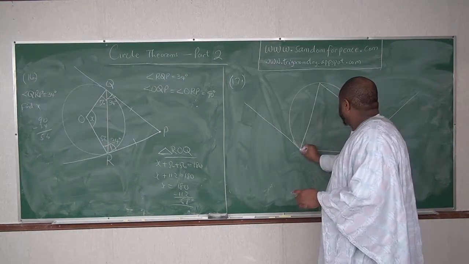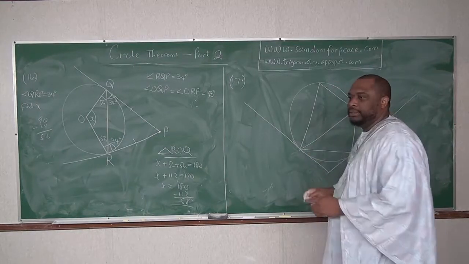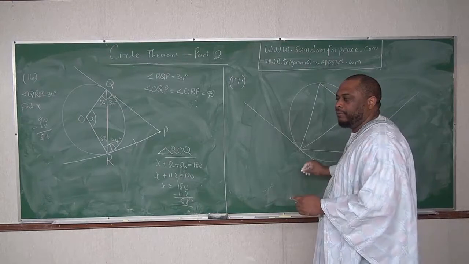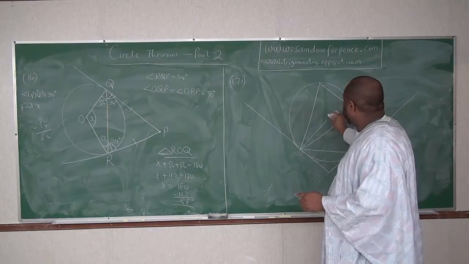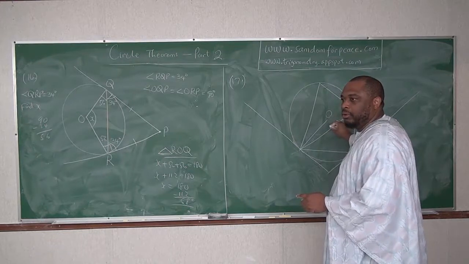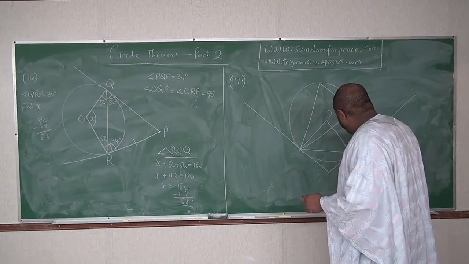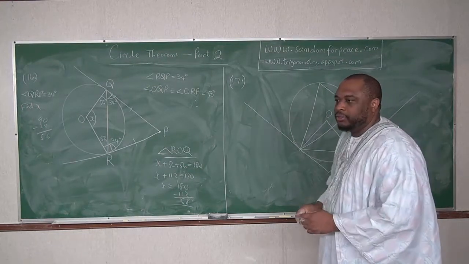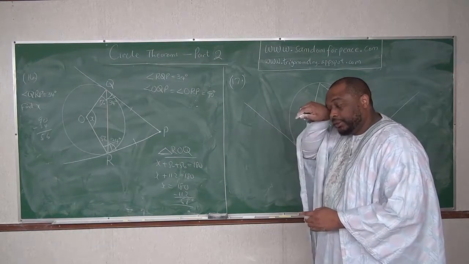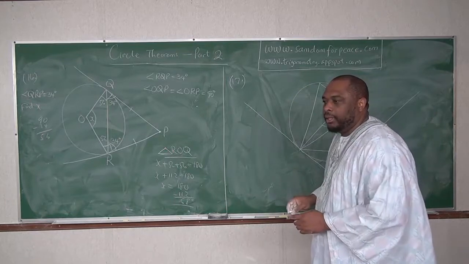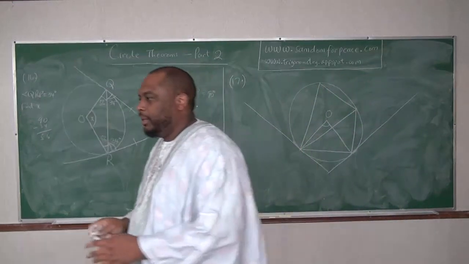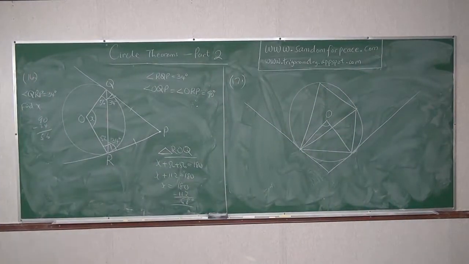Then we have this going like this. We have a radius, the center O. We have another radius, so two radii. And then this angle right here, that angle is 114 degrees.